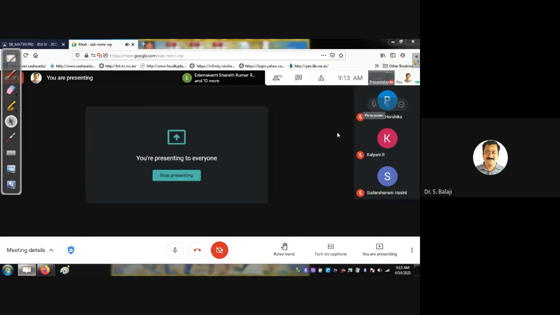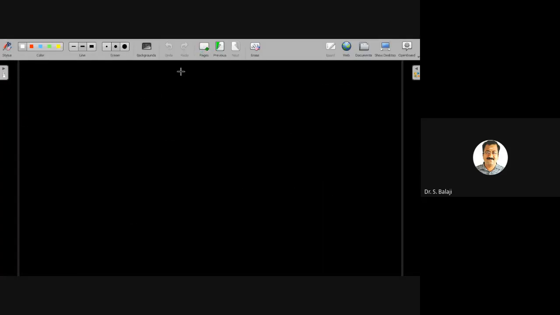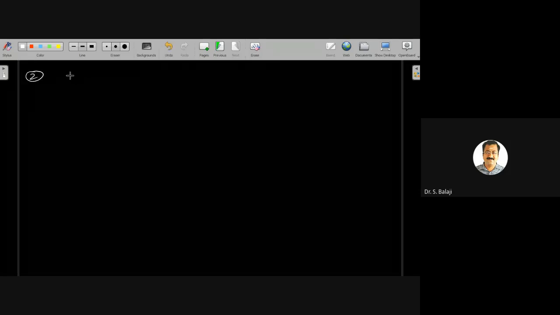Does all of you understand this idea? Now take another one where initial velocity is non-zero.